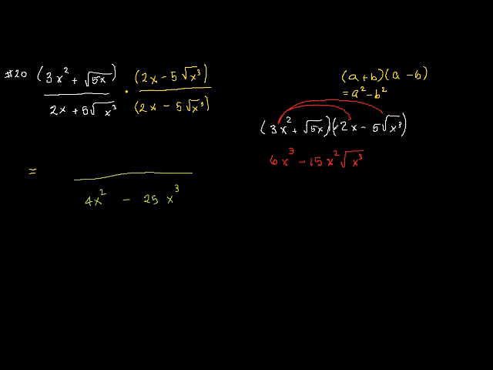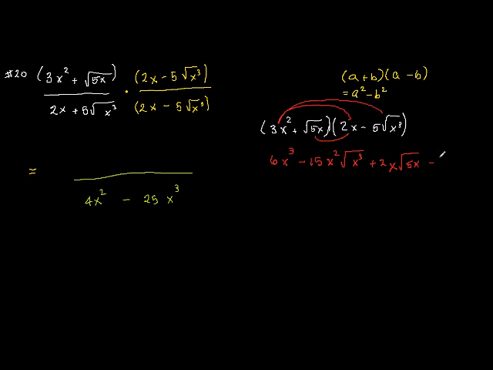And now square root of 5x times 2x, so plus 2 times x times the square root of 5x, right? So 2x times this. And now this last term times the last term over here is negative.